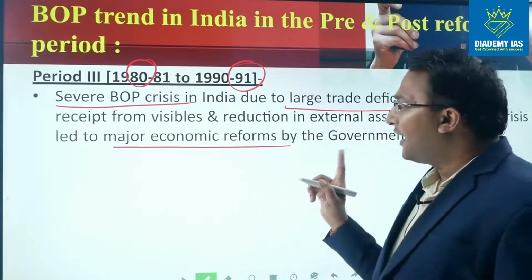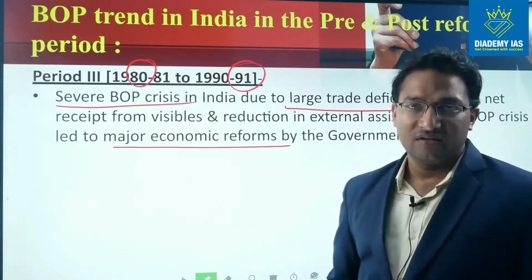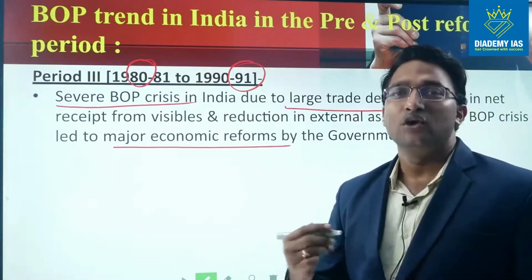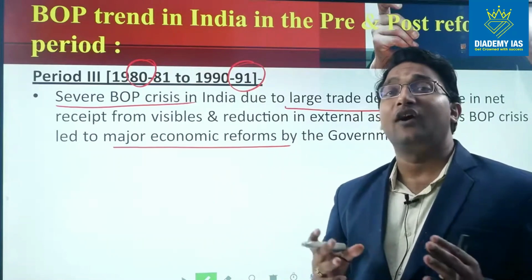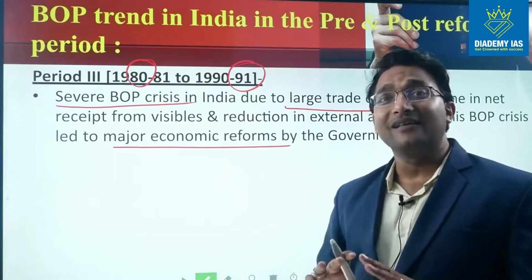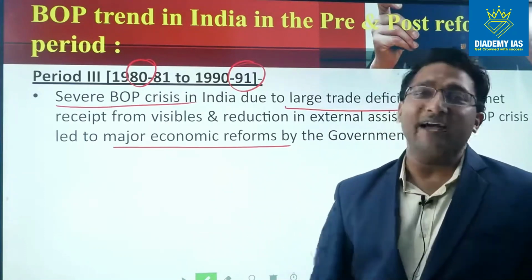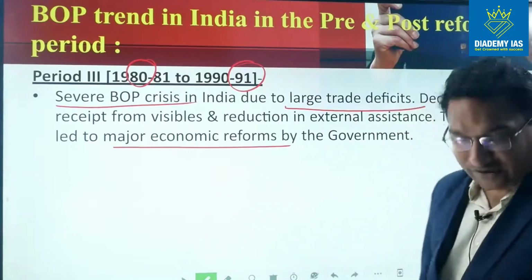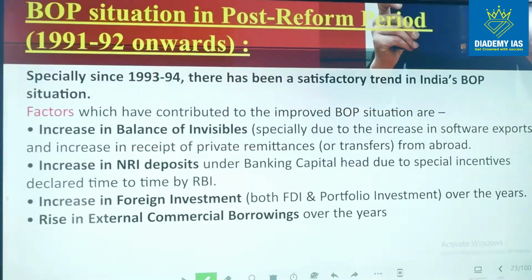And the IMF and the World Bank, they imposed certain conditionalities. And they asked India to open up their economy. From that point of time, India opened its economy and the Indian economy was globalized. So from that point of time, we are a globalized nation. Our Indian economy got globalized.